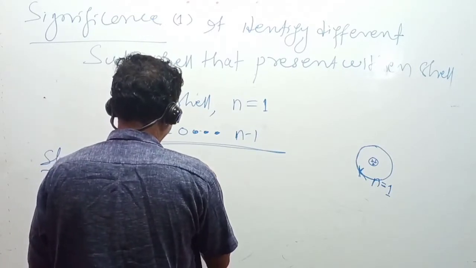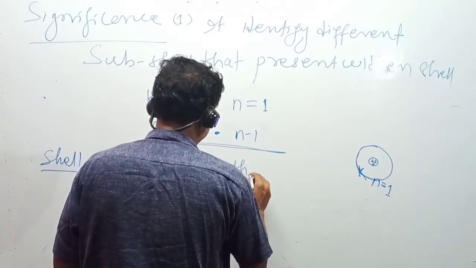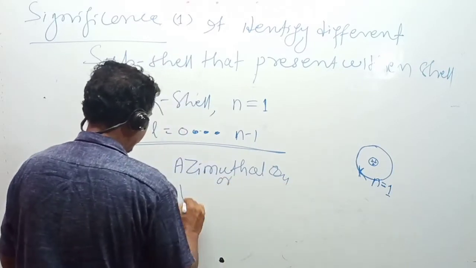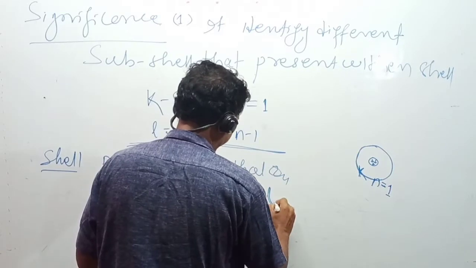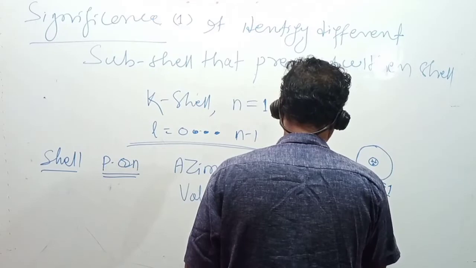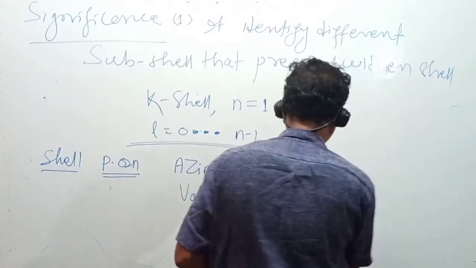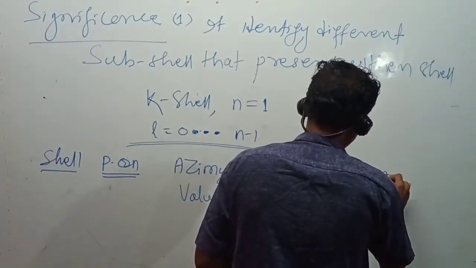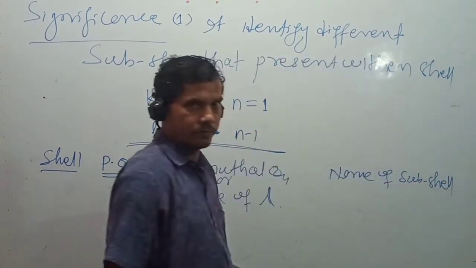Then the azimuthal quantum number, or we can write the value of l, and then the name of the subcell.